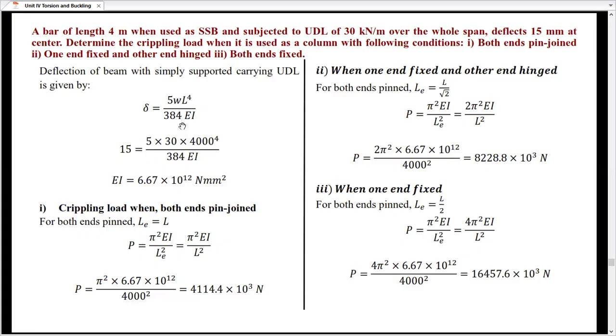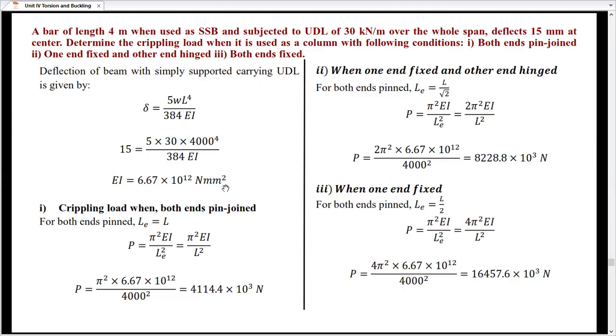In this case, the 15 mm deflection is given, W is given, that is UDL 30 kN per meter, and the length is also available, that is 4 meter. EI value we have to calculate. If we put the values of deflection, UDL, and length, we get E into I, that is elasticity into moment of inertia, which is 6.67 into 10 raised to 12 Newton mm square.